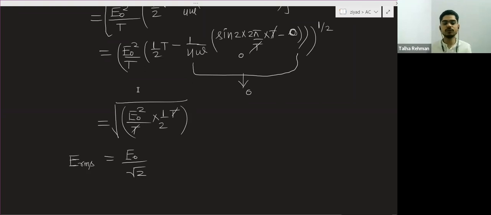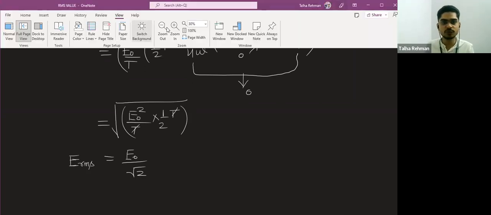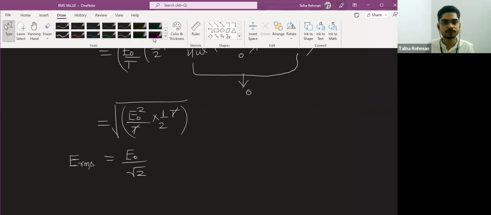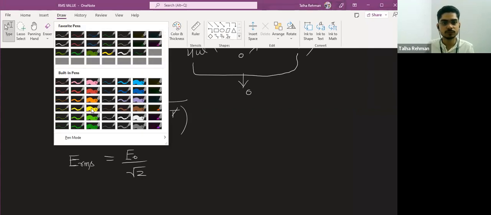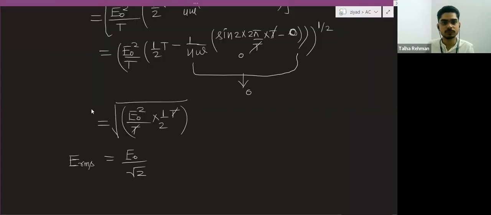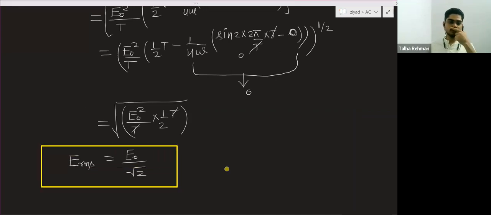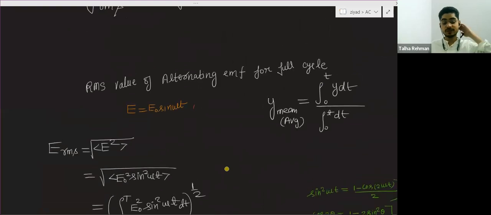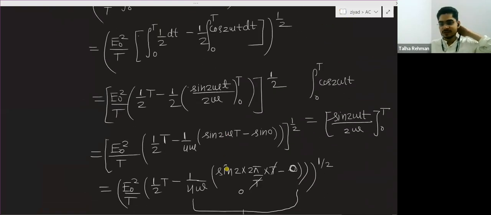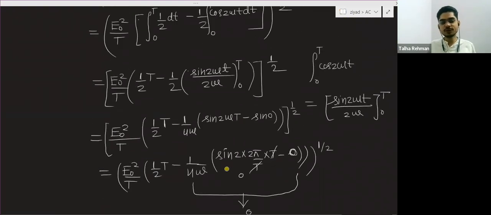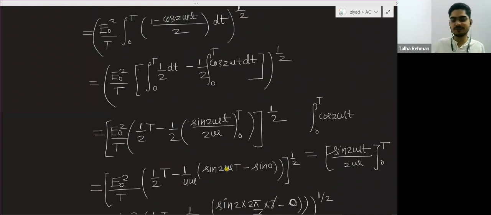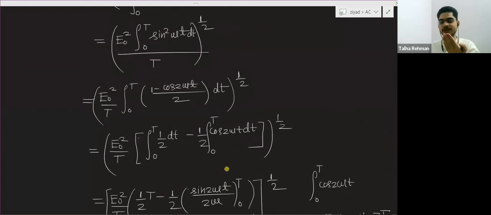Root mean square value is E naught by root 2. So this derivation is lengthy, but we can do this derivation in a very easy way also, that I will tell you later.